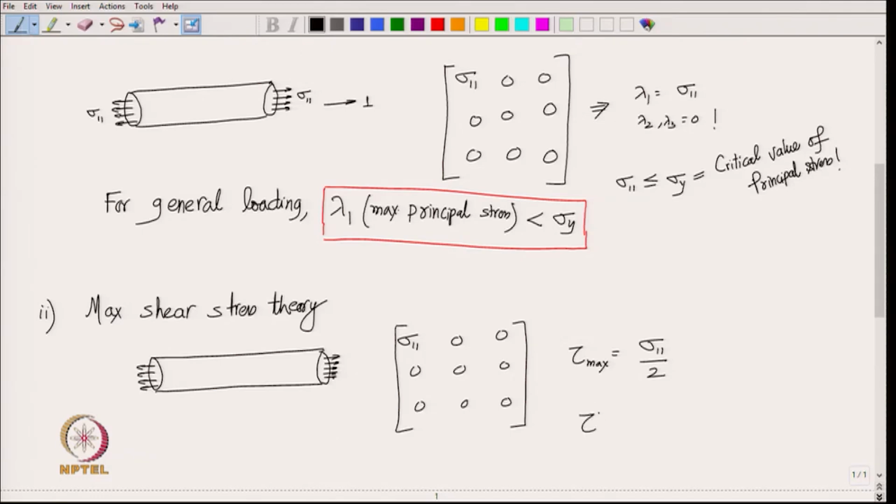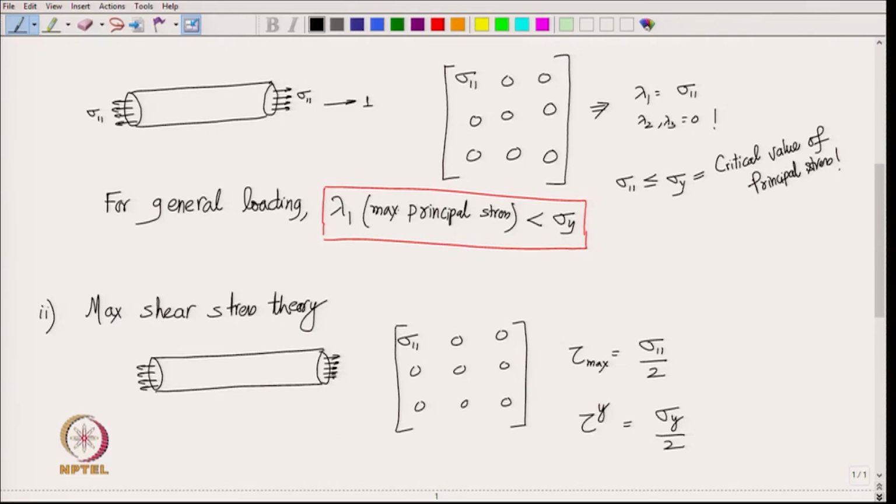What is tau y, the limiting value of failure? That is simply sigma 11 at the limiting value, which would be sigma y divided by 2, correct. So, this is how you can extract the value of maximum shear stress.